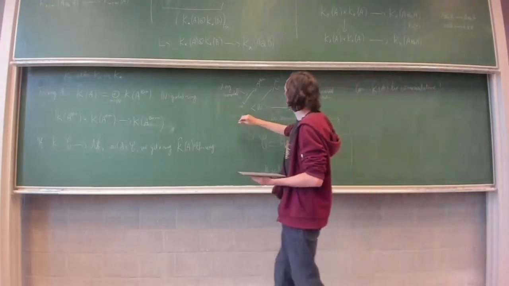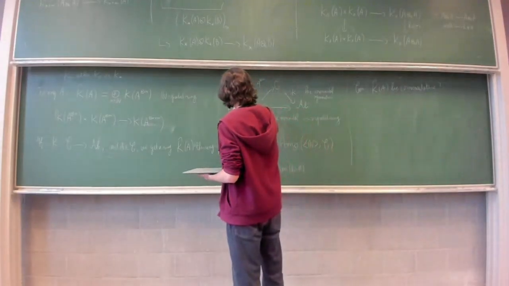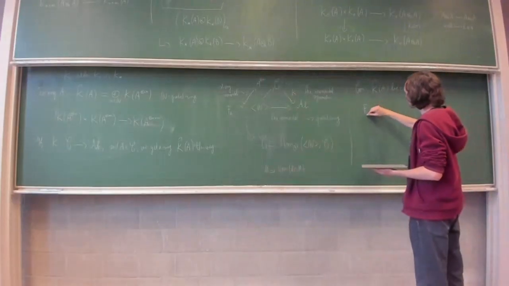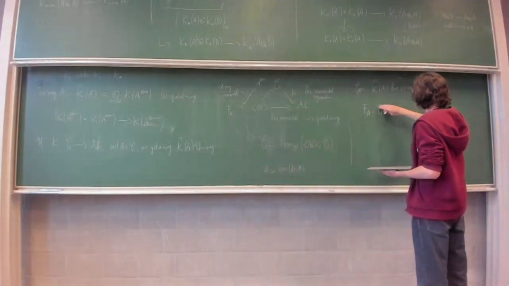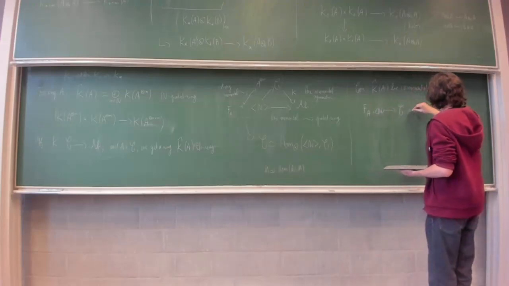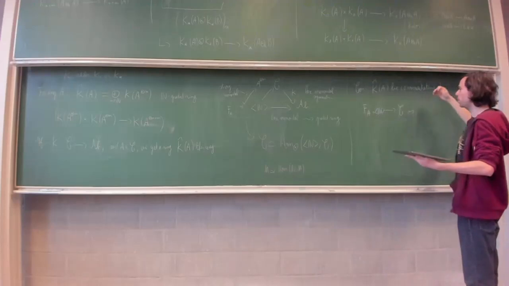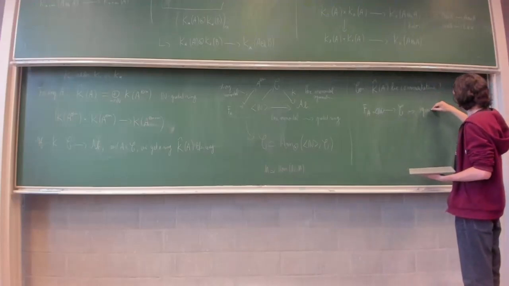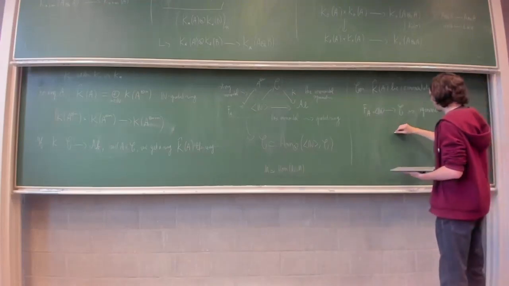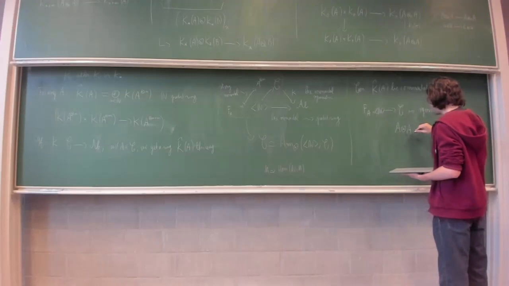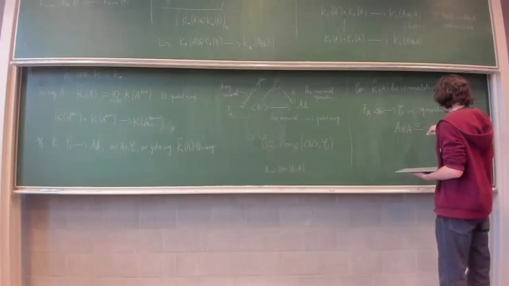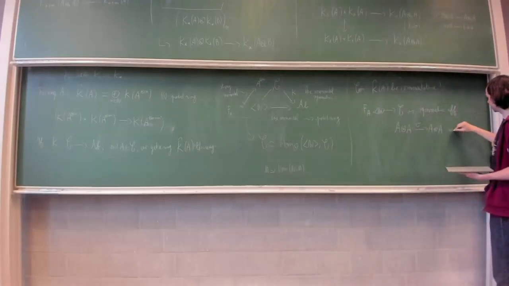So this, let's call it F. Let's say F index A because it depends on A. This functor is strongly monoidal, but it is symmetric if and only if the switch morphism is the identity.